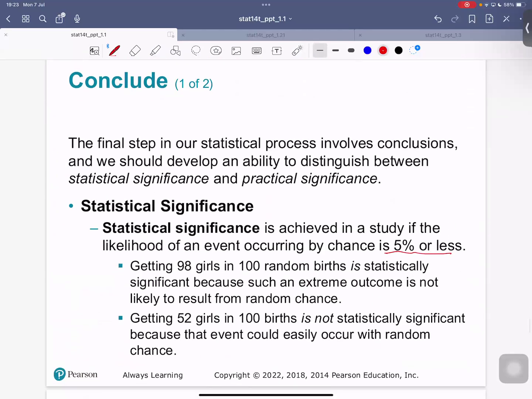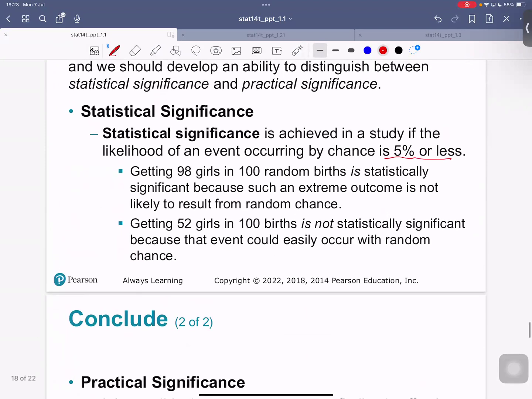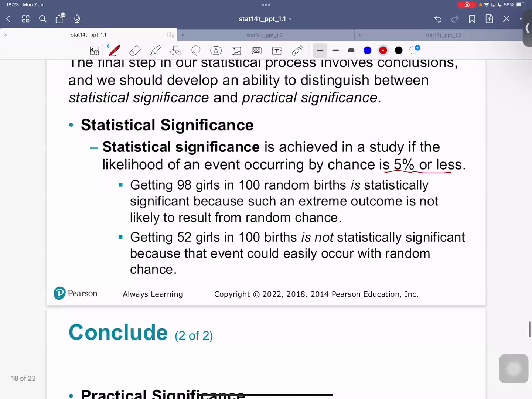In this case, when we say it is statistically significant, it is achieved in a study if the likelihood of an event occurring by chance is 5% or less. But in this case, it cannot even occur by chance, because it's the diet program, right?